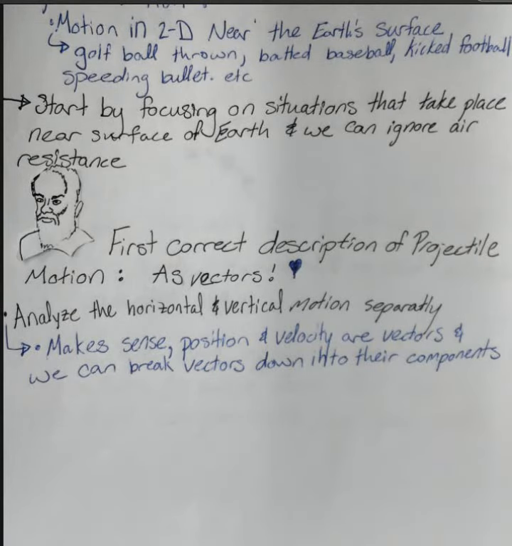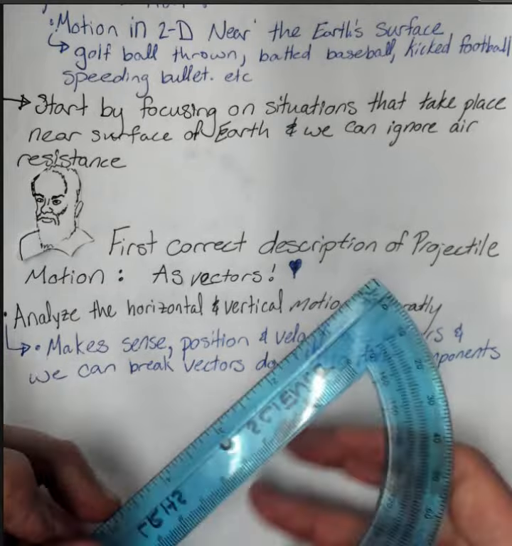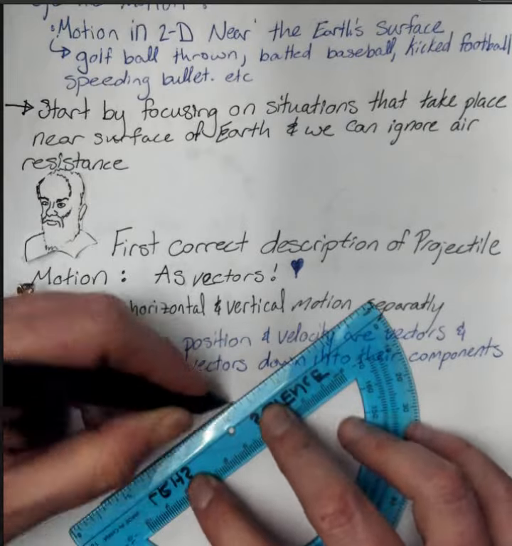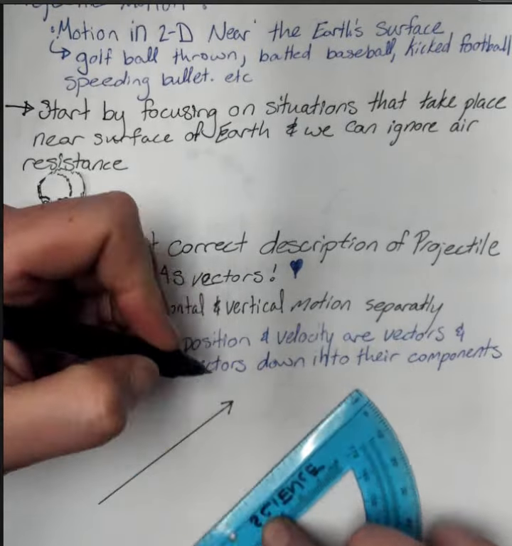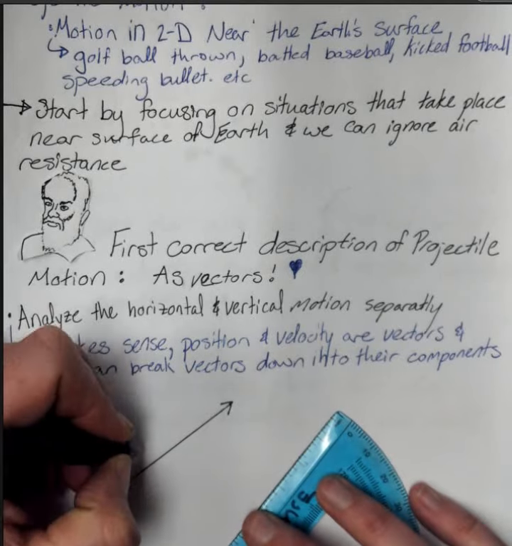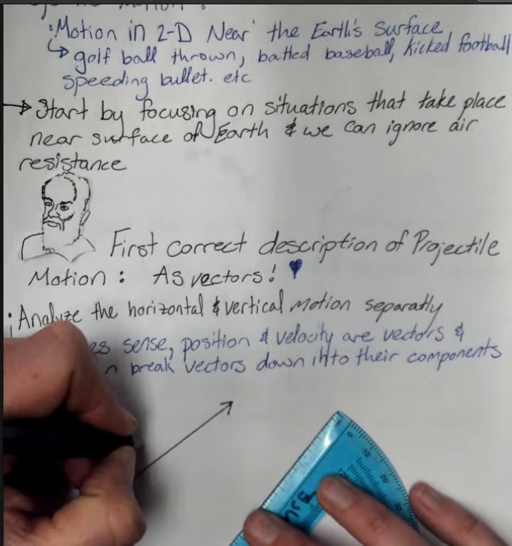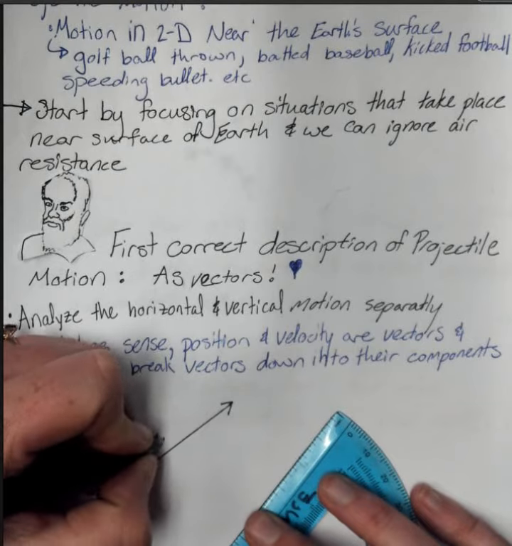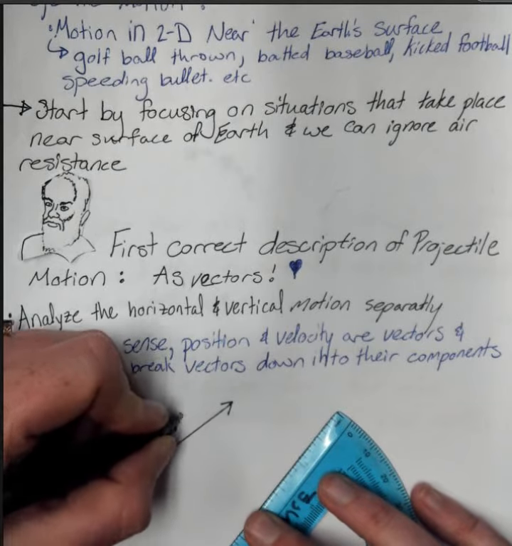All right, let's consider an example velocity. We will make this velocity vector a really funky number, like 22.86 meters per second.